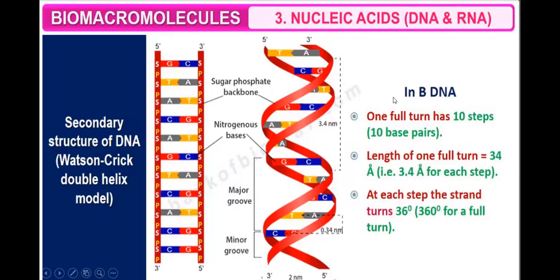There are different forms of DNA: A-DNA, B-DNA, C-DNA, D-DNA, E-DNA, Z-DNA. B-DNA is in your syllabus. In B-DNA, one full turn has 10 steps, that is 10 base pairs. The length of one full turn is 34 angstrom.